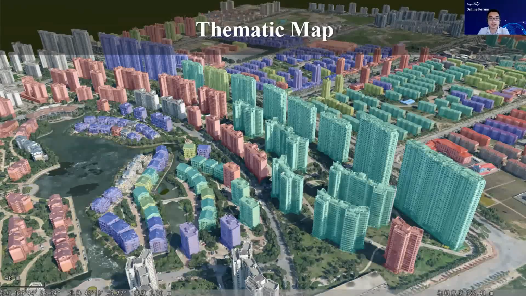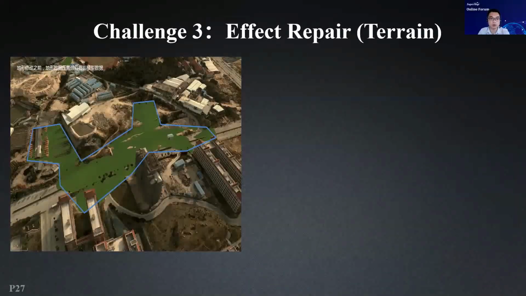And the next challenge is sometimes we cannot get all the good effect of the optical photogrammetry data. So for some parts, we have to make some modification. Like here, you can see from this picture. Because in this project, we have to use the optical photogrammetry data with the terrain.